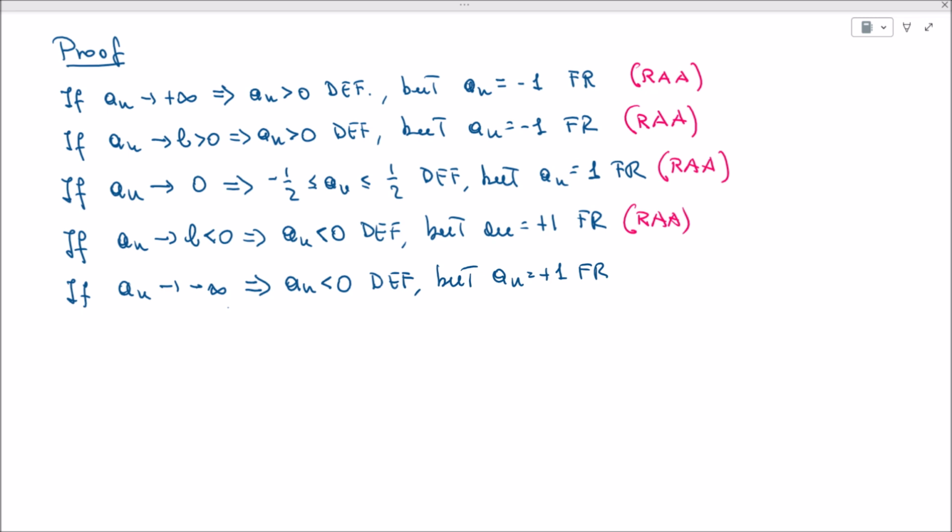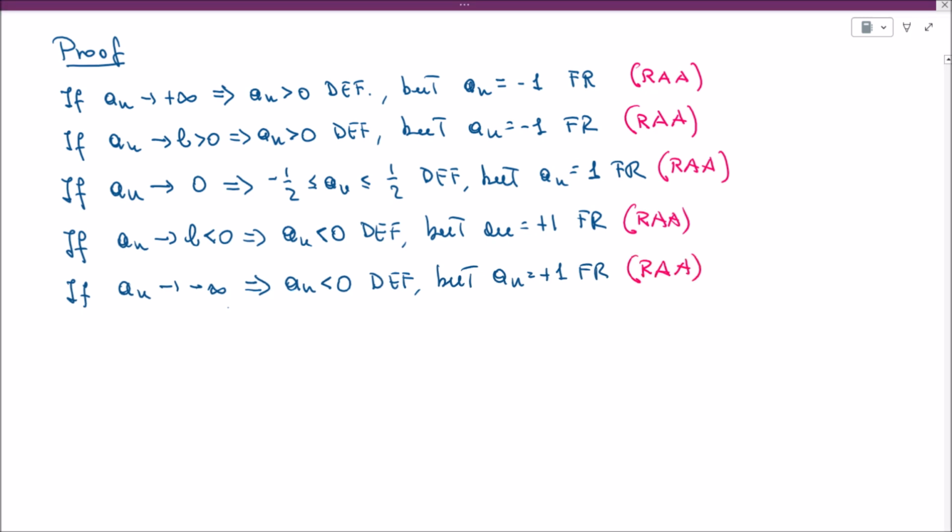Because none of the previous statements can be true, we can conclude that the only possibility is case 4. The only possible behavior is behavior 4, which basically has no limit.